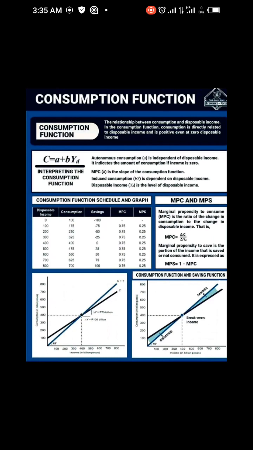And the graph on my left-hand side is telling us how consumption is equal to income, that is C equals Y, and this other one is telling us the level of consumption, while the one on my right-hand side is telling us about the level of savings.